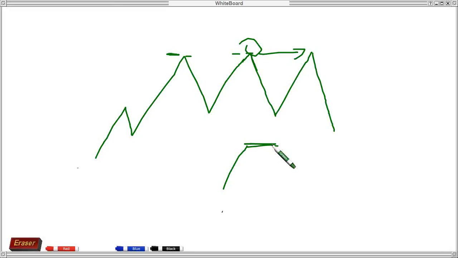So a possible system you could use is that you rank your trades. You may say you have a type A trade, which is the ABCD pattern. When you have 4 or 5 quote unquote pieces of evidence, you will risk 2%. If you only have 2 pieces of evidence, you may risk 1%. If it's a reversal, you may only risk 0.5%.